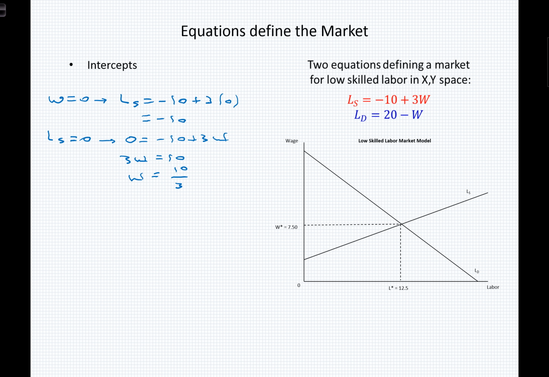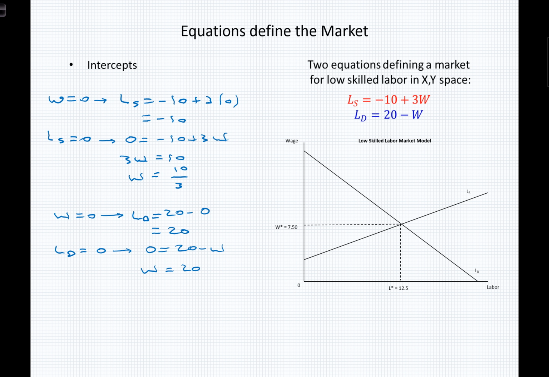If we now consider the labor demand equation, when W equals 0, labor demand is equal to 20 minus 0. It's equal to 20. And when labor demand is equal to 0, then we have the condition where 0 equals 20 minus W, or W equals 20.